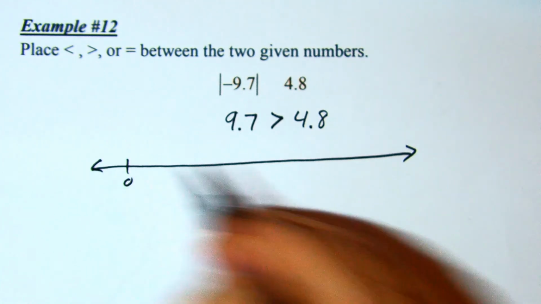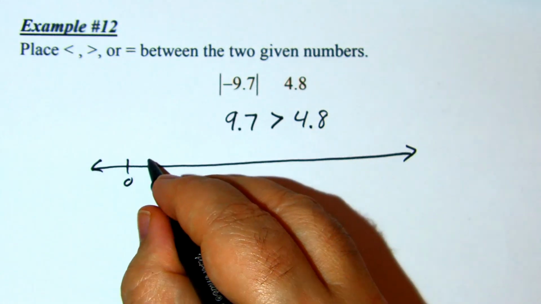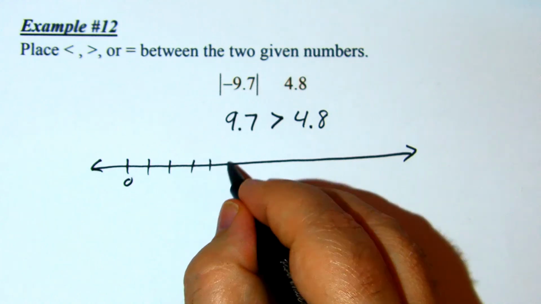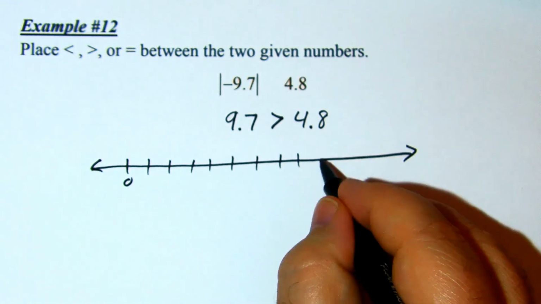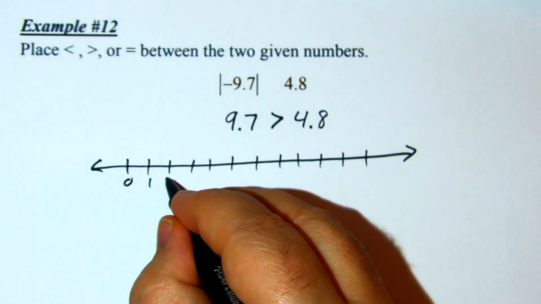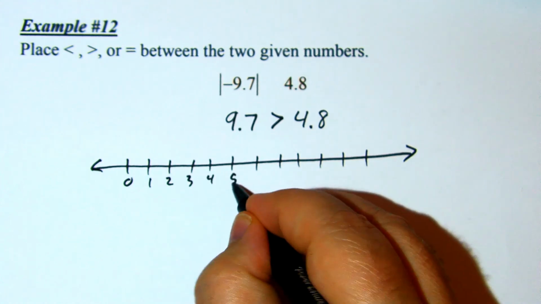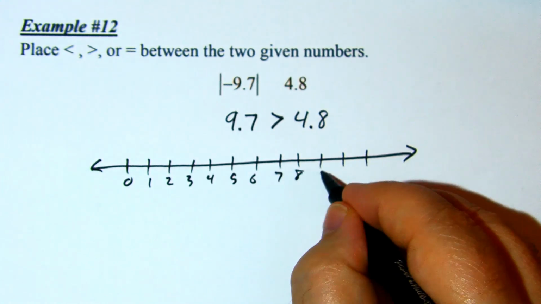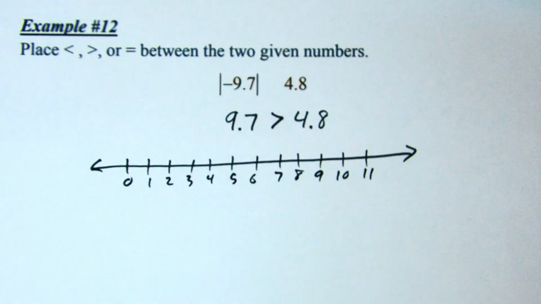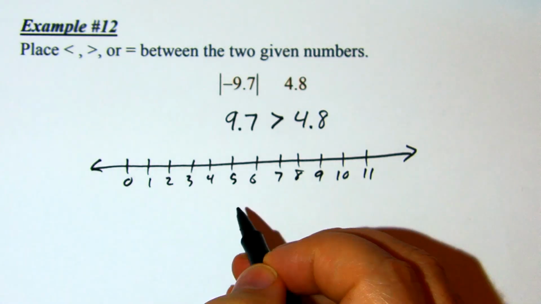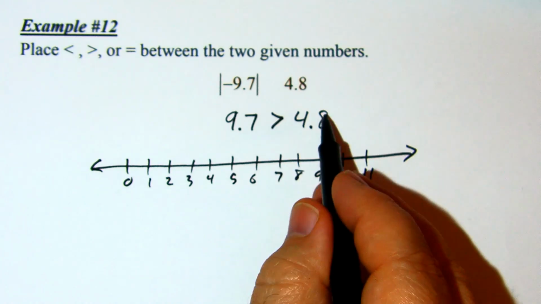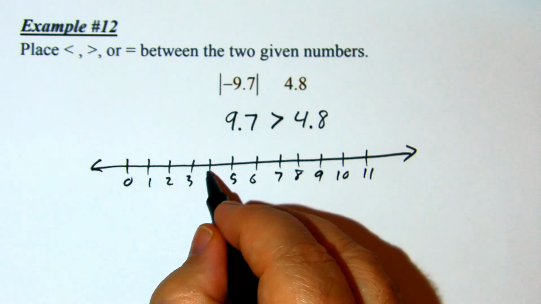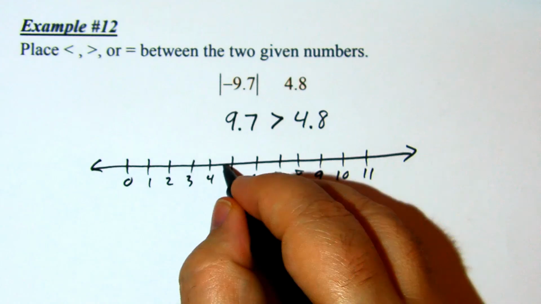and it looks like I'm going to need a lot in the positive direction, 1, 2, 3, 4, 5, 6, 7, 8, 9, 10, 11. That ought to do it. And when I plot these numbers, I don't have to be super careful. The number 4.8 is more than 4, less than 5, closer to 5.